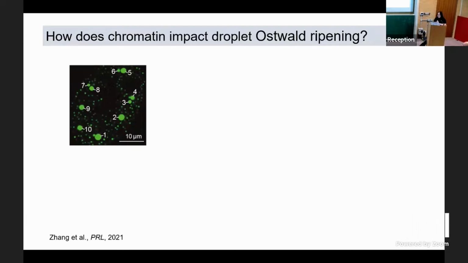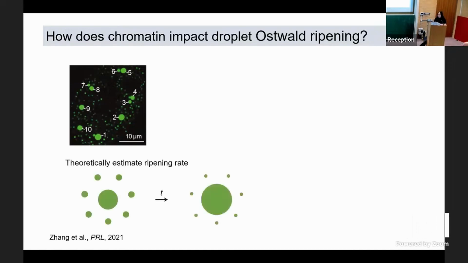Now you can see that each large droplet is surrounded by many smaller droplets, right? We were just talking about this Ostwald ripening effect. So we say that, because there is a very big internal pressure difference, we should expect the smaller ones to shrink and the larger ones to grow.